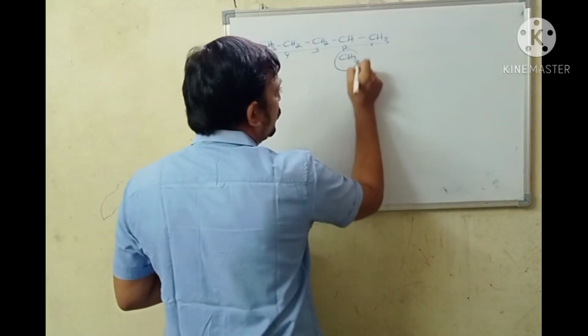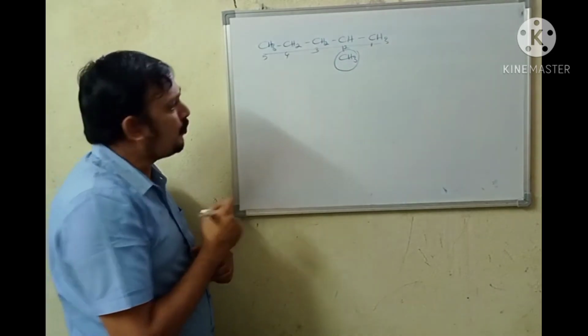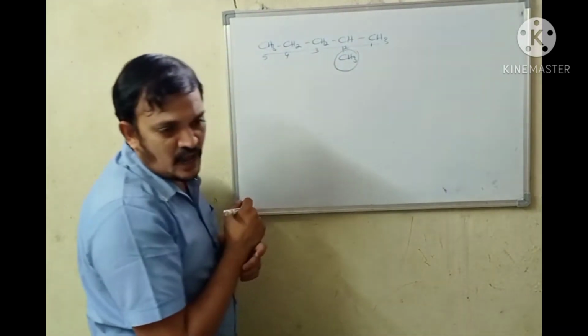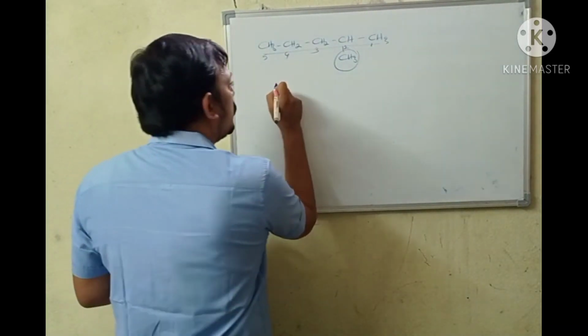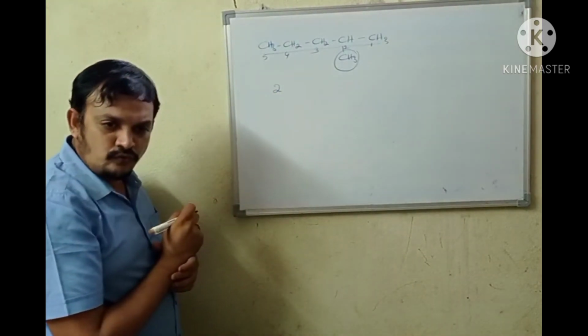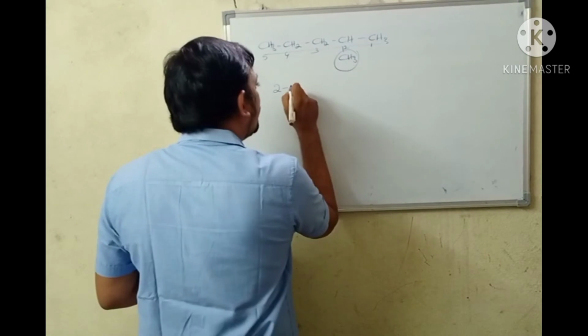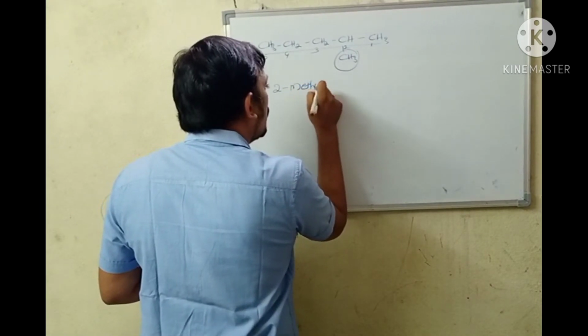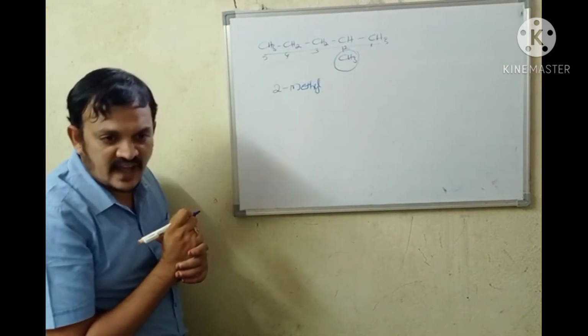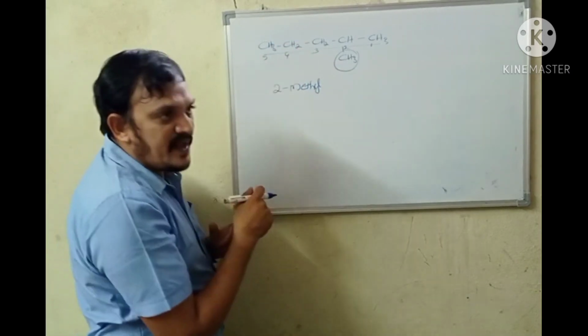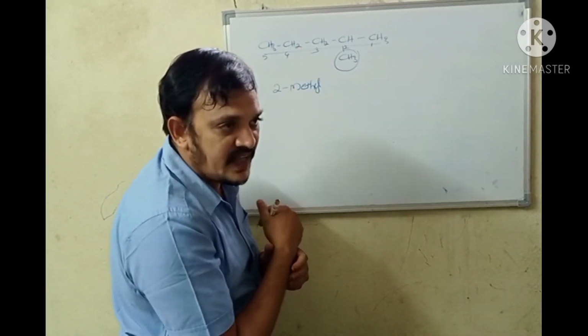It has a methyl substituent located at the second carbon atom. So the number prefix will be 2, hyphen, the name of the substituent is methyl, 2-methyl. As it is an aliphatic compound, no primary prefix will be there.